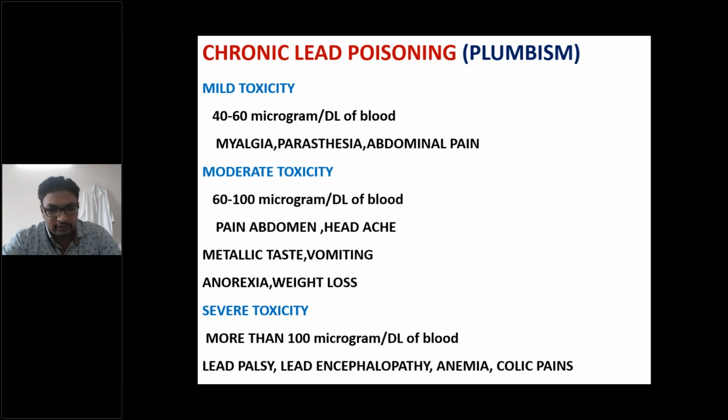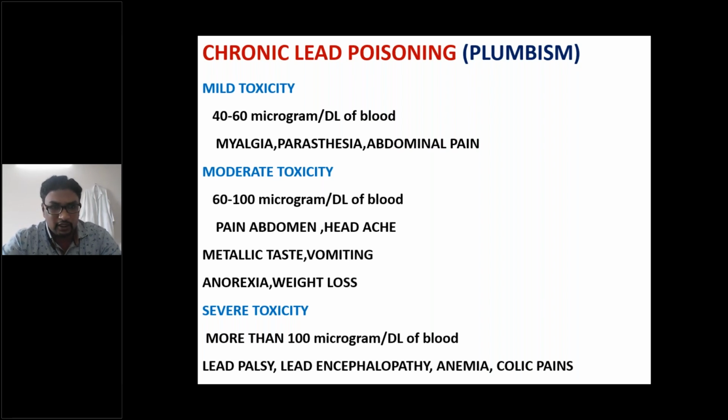In severe toxicity, the lead levels are greater than 100 micrograms per deciliter of blood, and here the patient will experience lead palsy, lead encephalopathy, and then anemia and colic pain. So serious symptoms will prevail in severe toxicity.